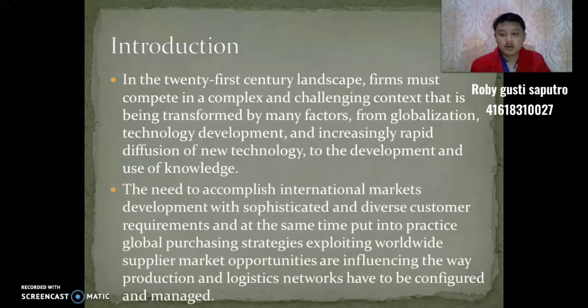The need to accomplish international market development with sophisticated and diverse customer requirements and at the same time put into practice global purchasing strategies. Exploiting worldwide supplier market opportunities is influencing the way production and logistics networks have to be configured and managed.